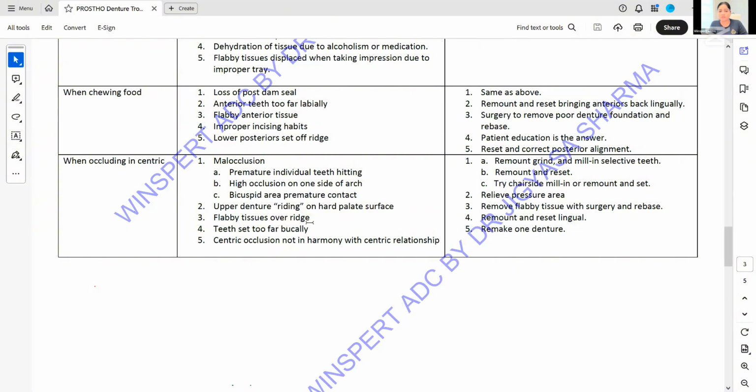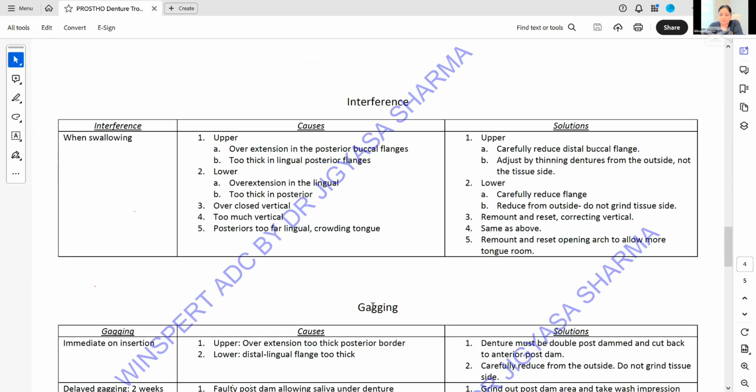Then upper denture riding on the hard palate surface. So if there is a pressure, again, use the pressure indicating paste and relieve the area. Flabby tissues, either record them correctly, or if it's causing a problem to the patient also, you can surgically remove as well. Then teeth arrangement should be assessed.